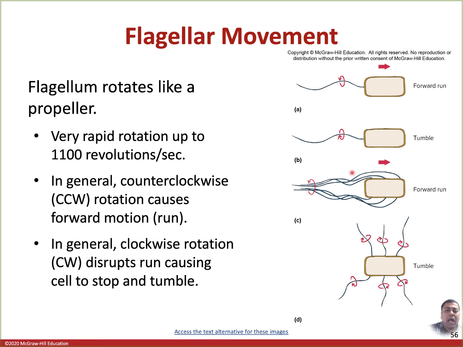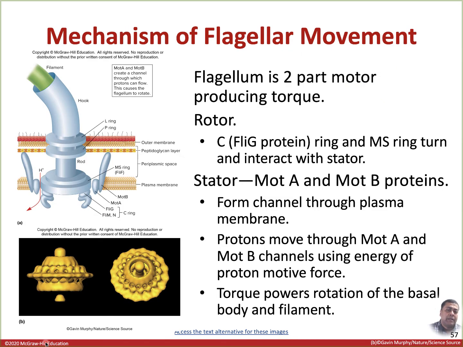In general, counterclockwise rotation, or CCW, causes the forward run. On the other hand, a clockwise rotation will disrupt the run, causing the cell to stop and tumble. These are some of the ways that the bacteria move either towards an attractant or away from a deterrent.